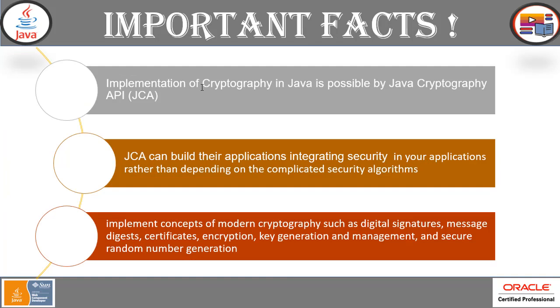Important facts about encryption and cryptography. Implementation of cryptography in Java is possible by the Java Cryptography API. That's what we have seen. All you need to do is import the jar file.